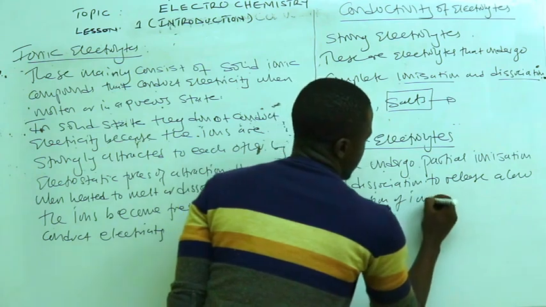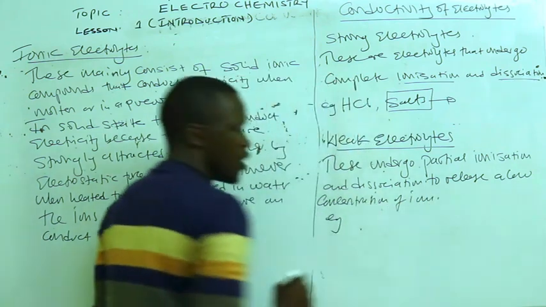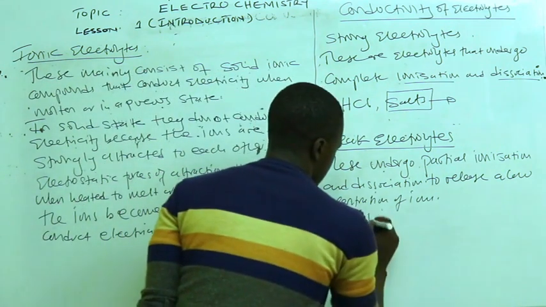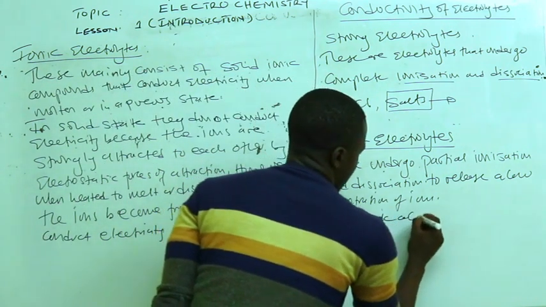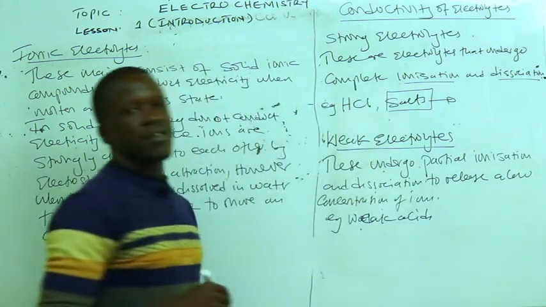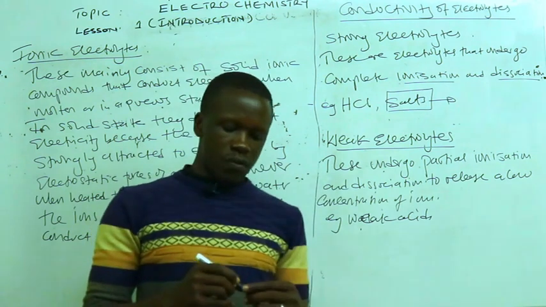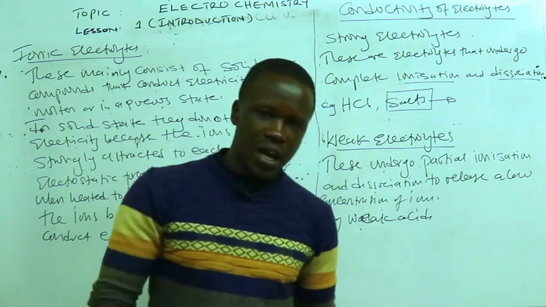In this case, we would look at weak acids, for example. Weak acids are regarded to be weak electrolytes because when dissolved in water, they undergo partial ionization.